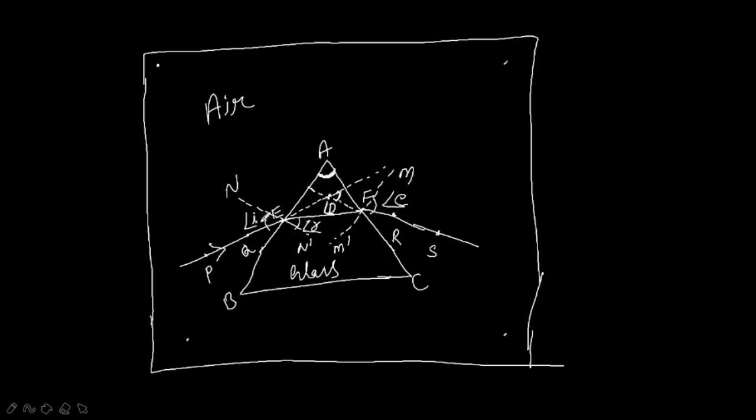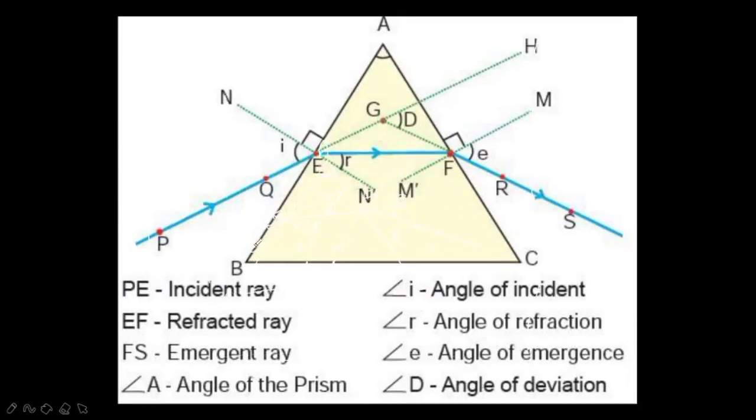As you can see here, the light ray is bending when it passes through the prism. So we can conclude this activity by using this image. I think you all can see it. Can you observe? Yes. See, PQ, this is the normal, angle of incidence, angle of refraction, normals, and FS.